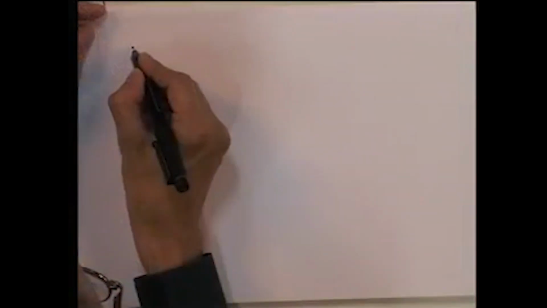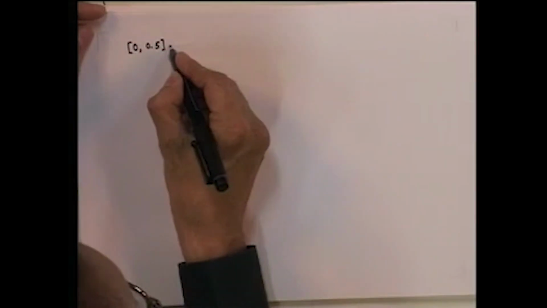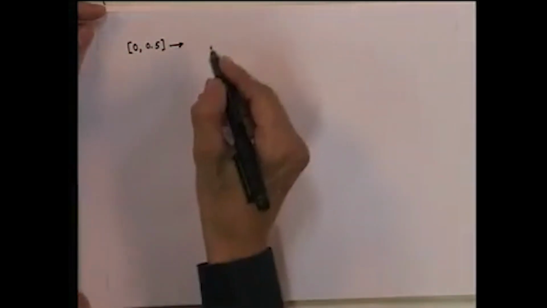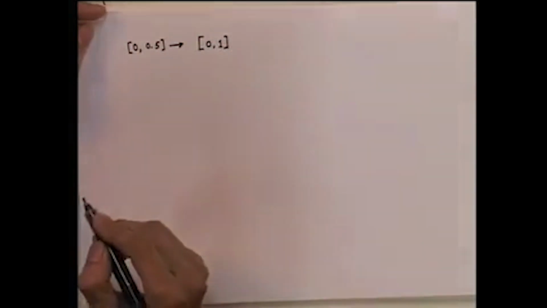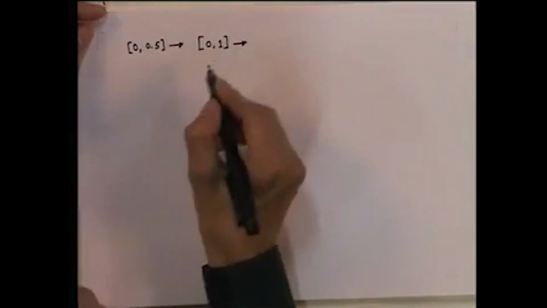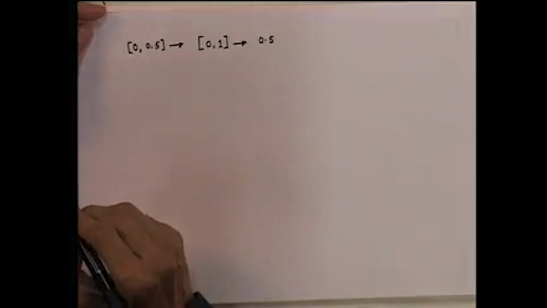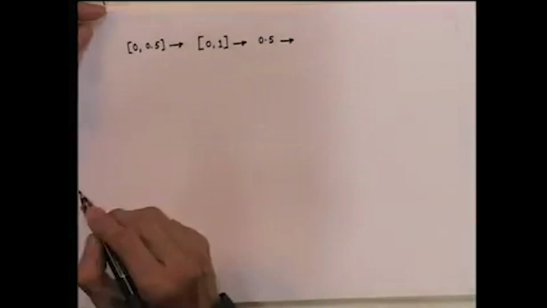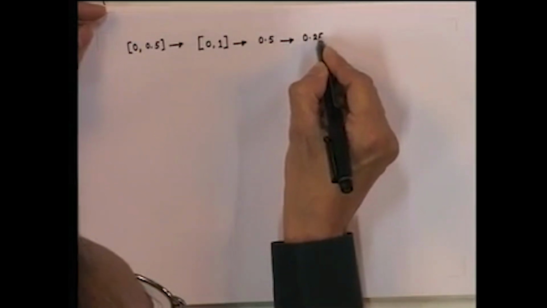Now, it is easy to see that when the inputs lie in the interval between 0 and 0.5, then using the compressor it gets mapped into the interval between 0 to 1, and when this output of the compressor is passed through a uniform quantizer, it is quantized to output value of 0.5, and when this passes through the expander it gives us the reconstruction level of 0.25.